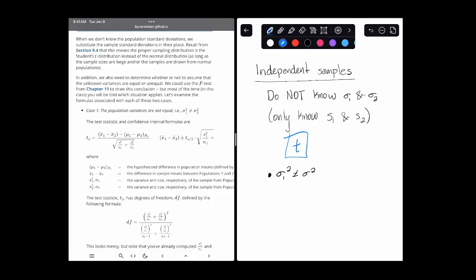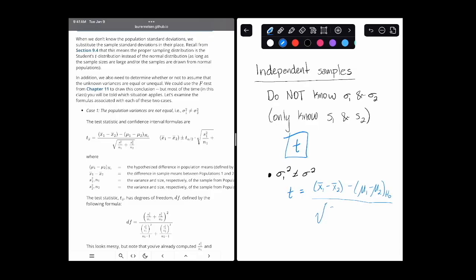And in that case, our test statistic looks pretty similar to our test statistic when we did know the population standard deviations, and we just replace our sigmas with s's.